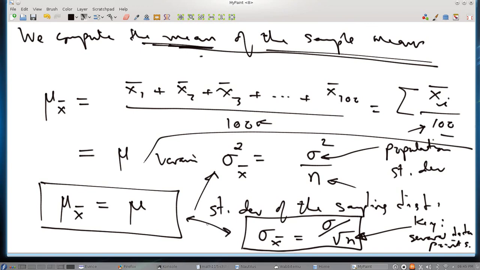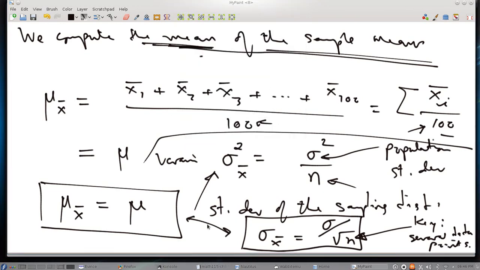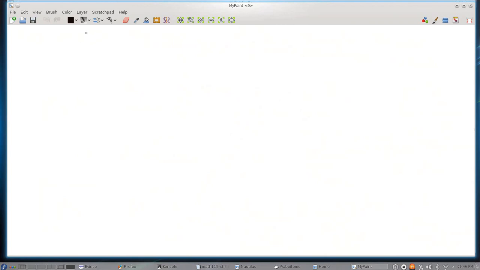Now the properties associated with this distribution, let me start with a new sheet here with this new concept. So let's review one more time.